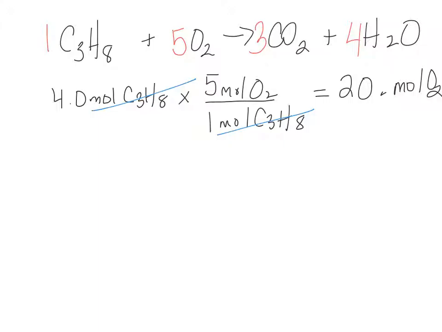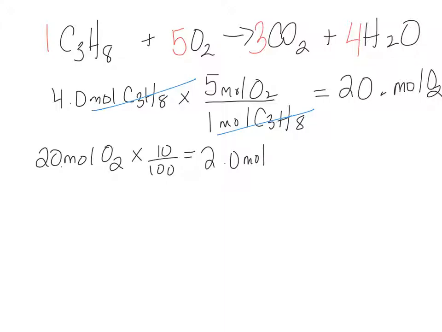If we want 10% extra, we have to add that. So there's 2 ways to do this. You can say 20 moles of oxygen times 10% is 2 moles. So I need a total of 20 plus 2.